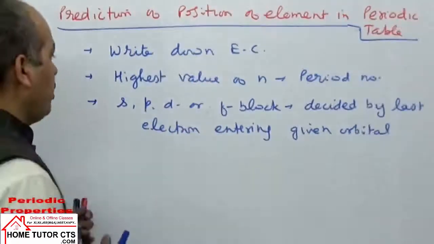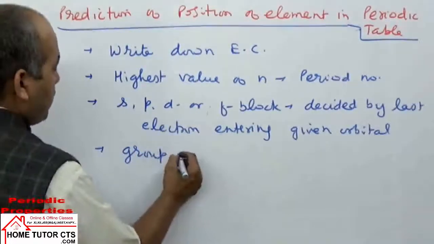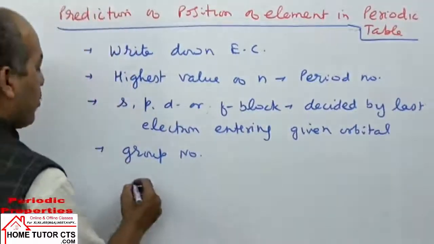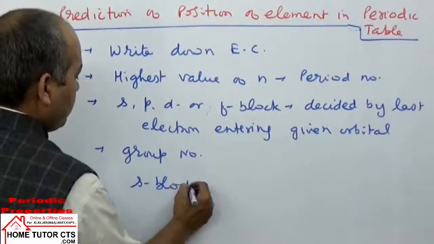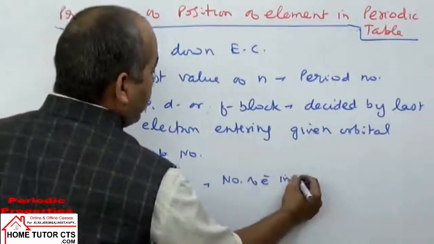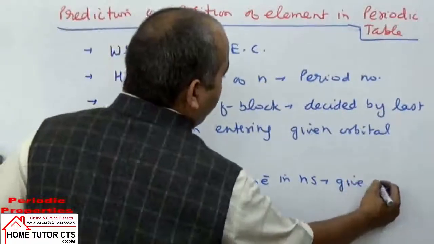Next, the element's group number. Now group number depends on the block. For s block elements, the number of electrons in the ns orbitals gives the group number.